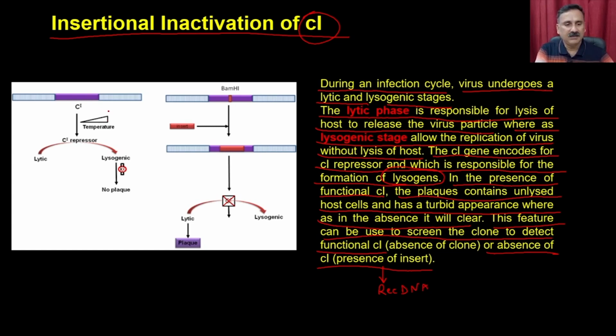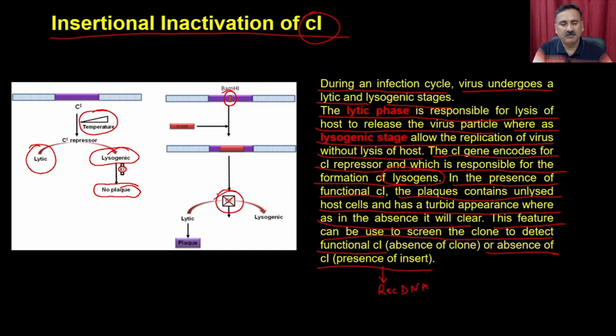CI is a temperature sensitive repressor. If you change the temperature, the CI repressor is going to be expressed and it is going to shuttle the virus from the lytic to the lysogenic phase. If it is in the lysogenic phase, it will not allow the formation of plaques. But when you clone a fragment into the CI repressor gene, it is going to produce a non-functional CI repressor.